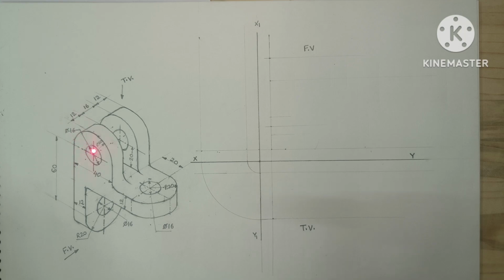Then from this point this distance is r20, that is 20. 60 plus 20 plus 20 is 100. Means this vertical distance is 100. Hence I will take the vertical distance of 100 from this point.